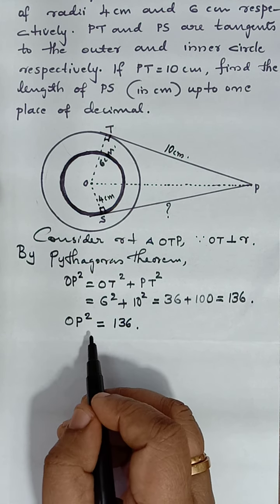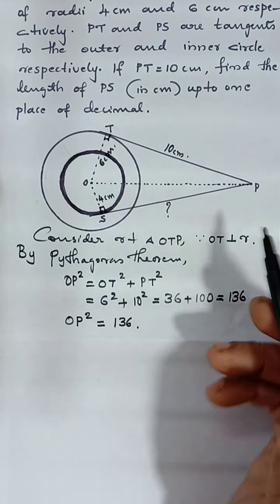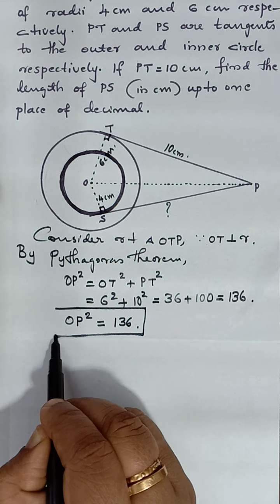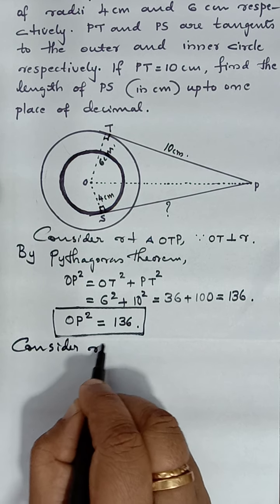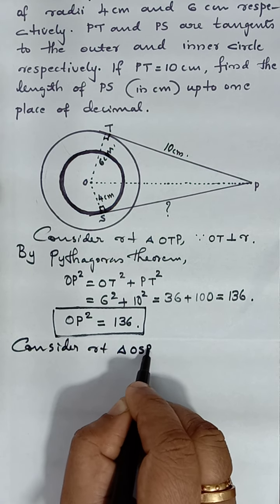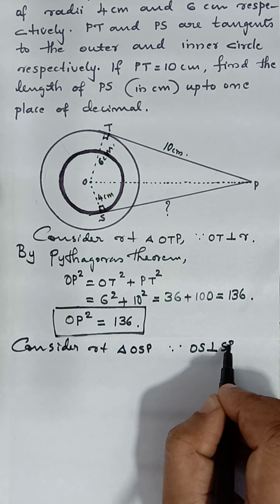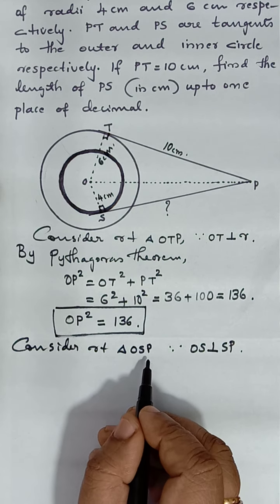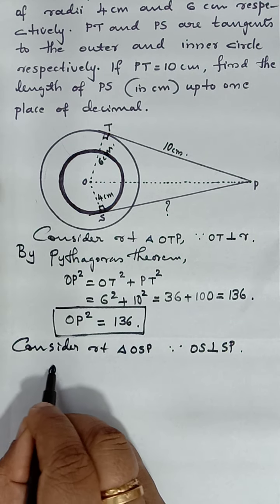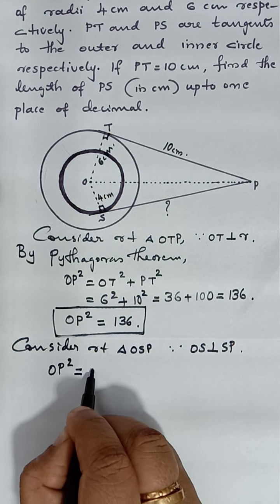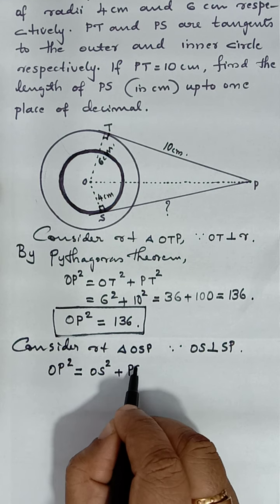Now, the hypotenuse we got. Now we are going to consider triangle OSP. So this is a main point. Consider right triangle OSP, since OS is perpendicular to SP. Right angle is here, therefore OP square again is equal to OS square plus PS square.